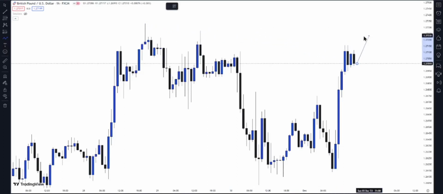If it takes it out and starts giving us some form of structure to work on, like this, maybe we take out this inducement, tap on any OB, and then see price going higher. That is what we are looking at on the 1 hour time frame.